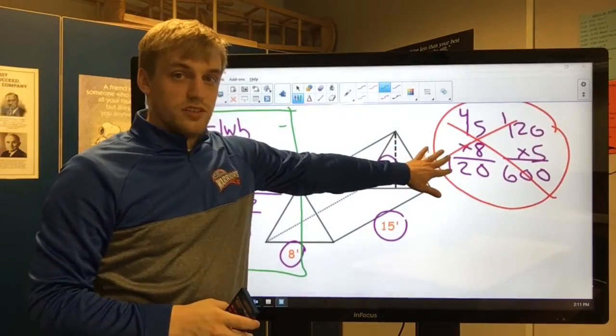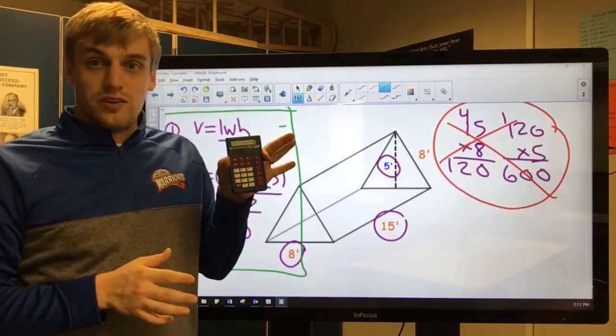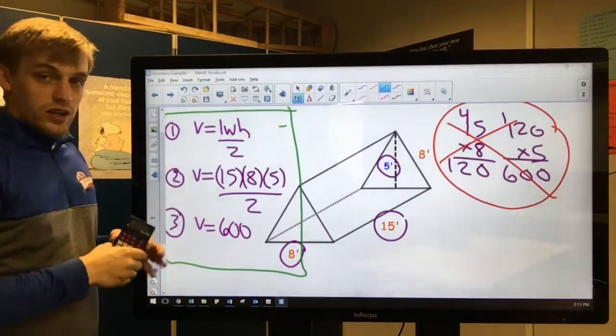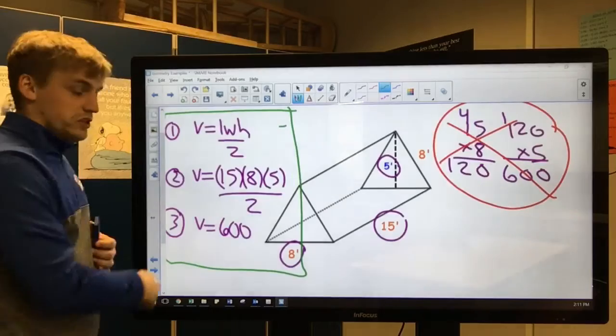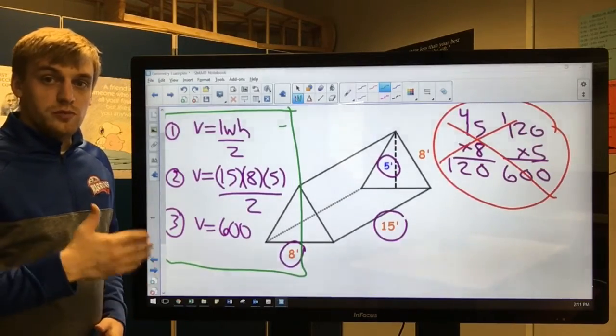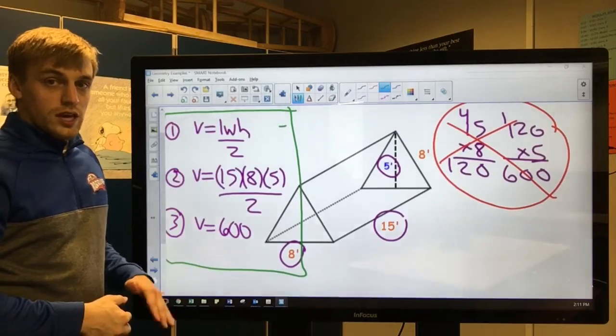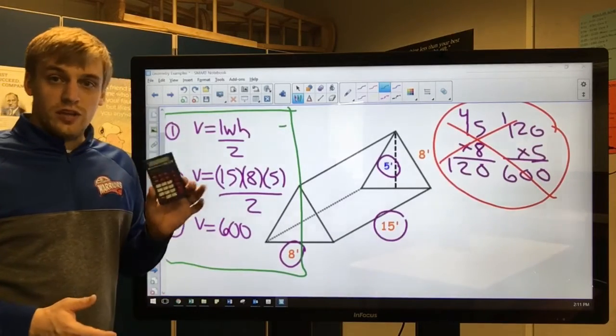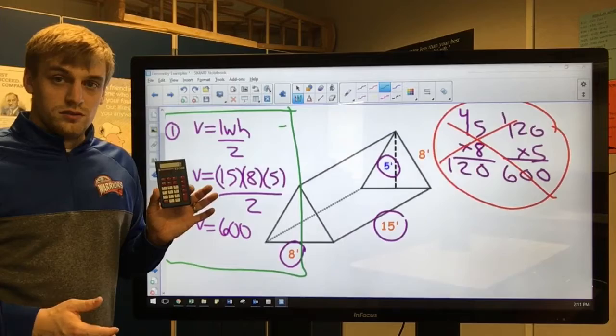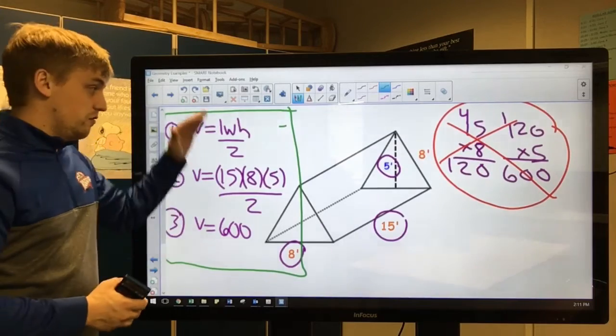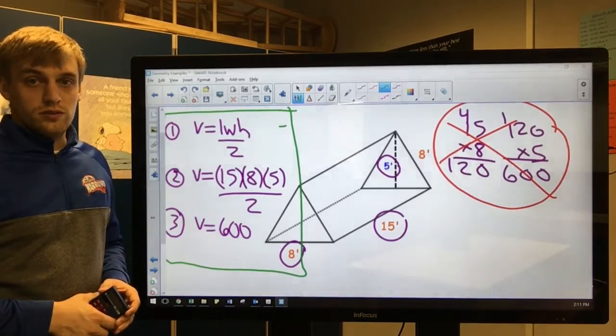The scratch work on the side can be done with a calculator. The calculator cannot show me how to do these 3 steps. So you need to make sure that you are showing the work. If you do not show this, I will not give you this. I will not give you the calculator if you refuse to show your work.